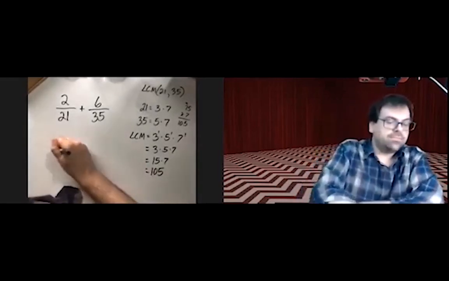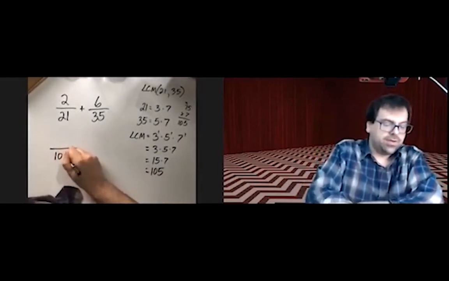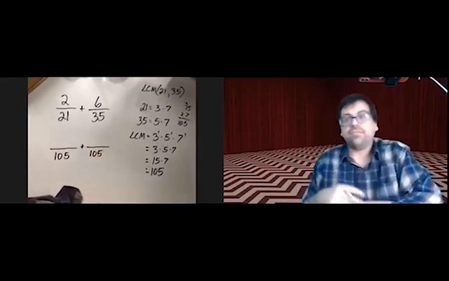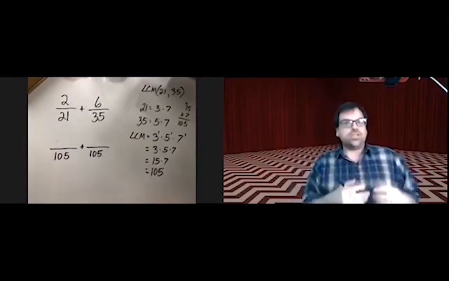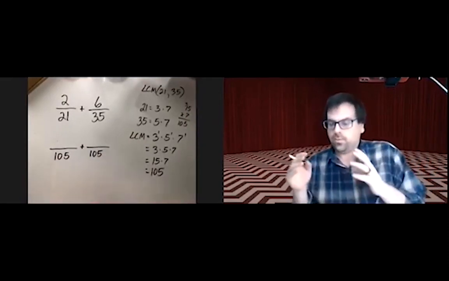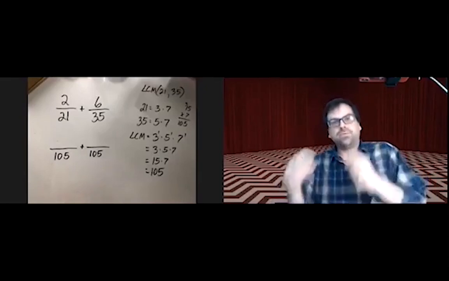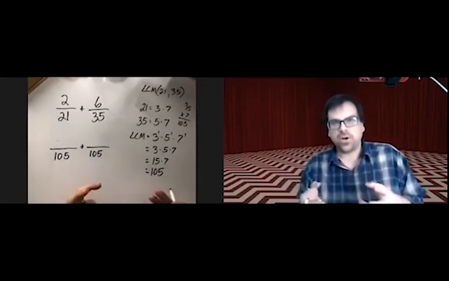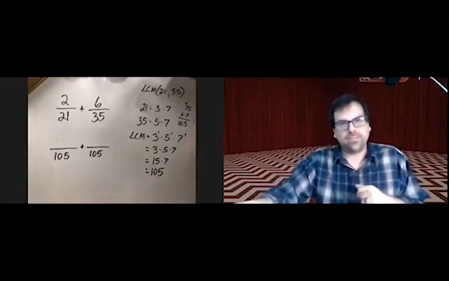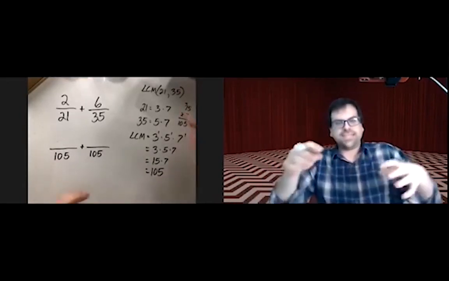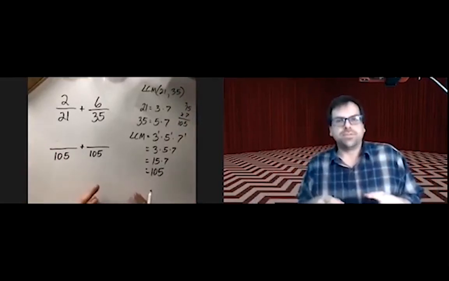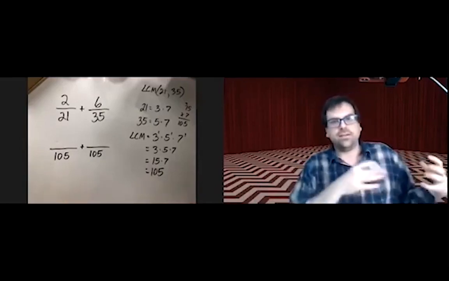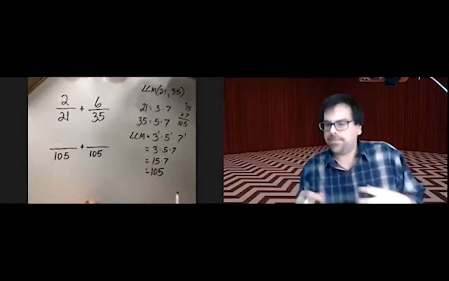So we need to rewrite both of these fractions with a denominator of 105. This is why, in addition to just reducing, we spent so much time with prime factorizations in that one class. You have to know how to do it, and you have to know how to multiply. All of these lesser included skills in adding and subtracting fractions, we've done building up to this.